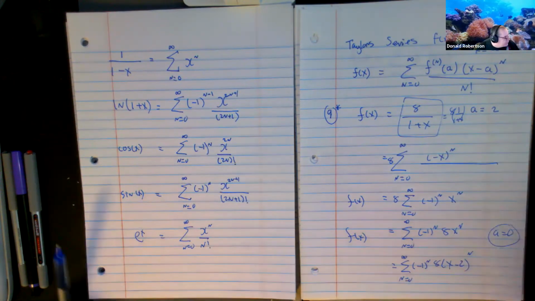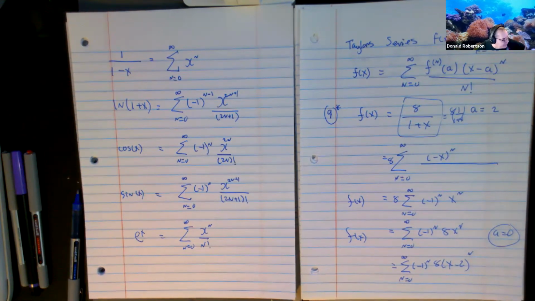Does that seem like a logical way to tackle this problem? To basically treat it like a Maclaurin series first, and then essentially do a substitution. And that in this particular case, at least, that's the substitution that we got.